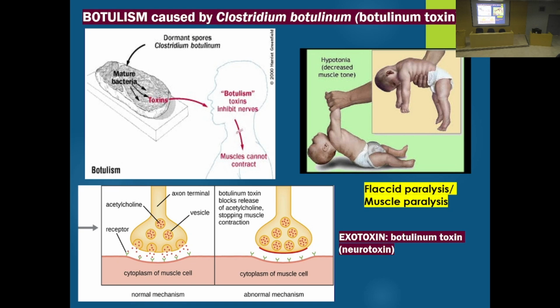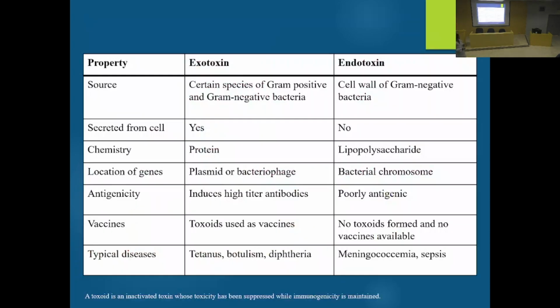You can see here the baby with hypotonia, also called flaccid paralysis. Since this exotoxin works on the nerves, it is a neurotoxin, and from the name of the bacteria it gets the name botulinum toxin.